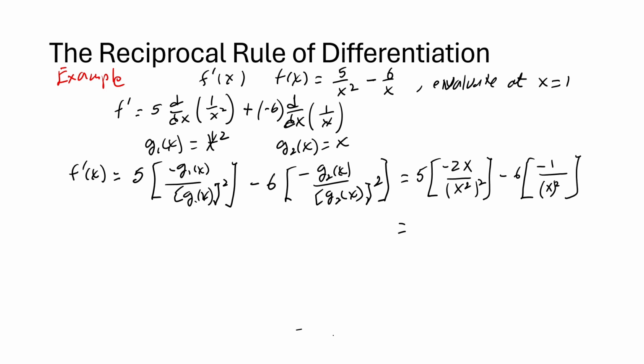We're taking the minus 2 out front, so that's a minus 10. And then the x's cancel, getting rid of that x and one of those x's there, so that's just over x cubed. Now the minuses cancel out, so that's a plus 6 over x squared. So that's our derivative, f prime.